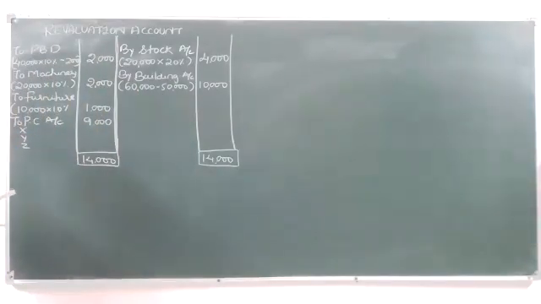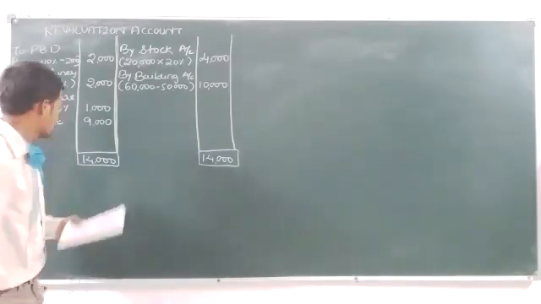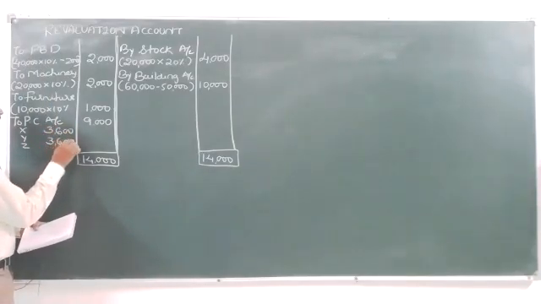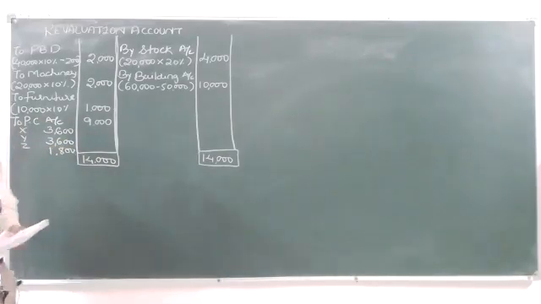And if you distribute, it will be, I think, 3,600. Just check. 3,600, 3,600 and 1,800. So that comes to 9,000.